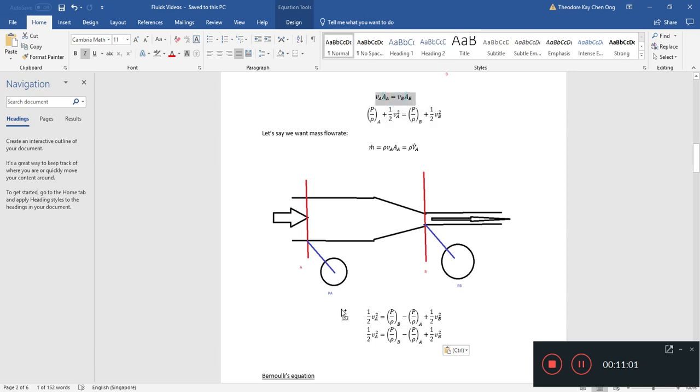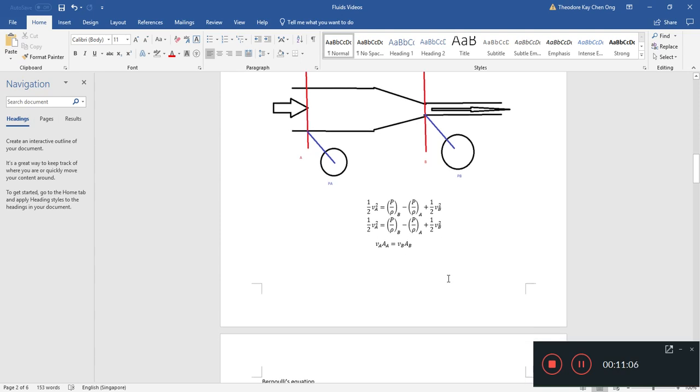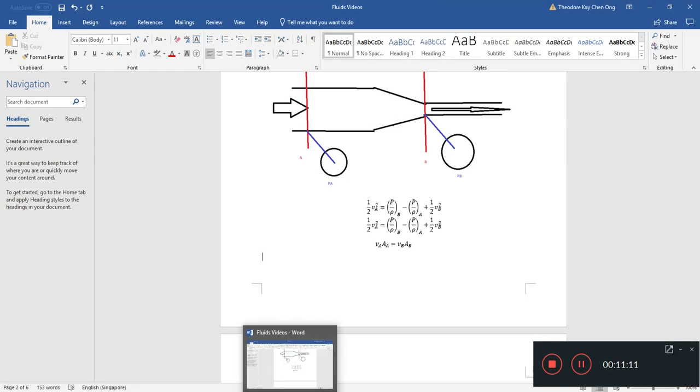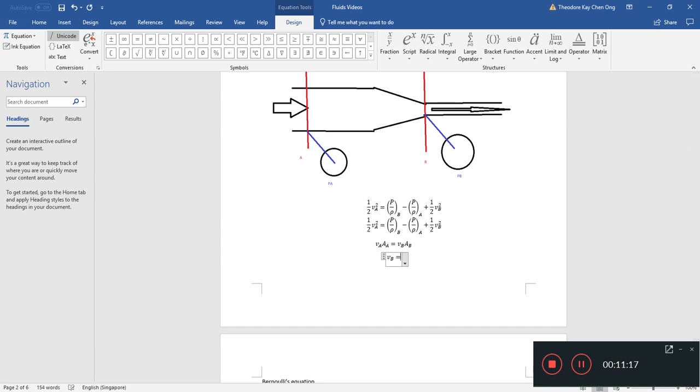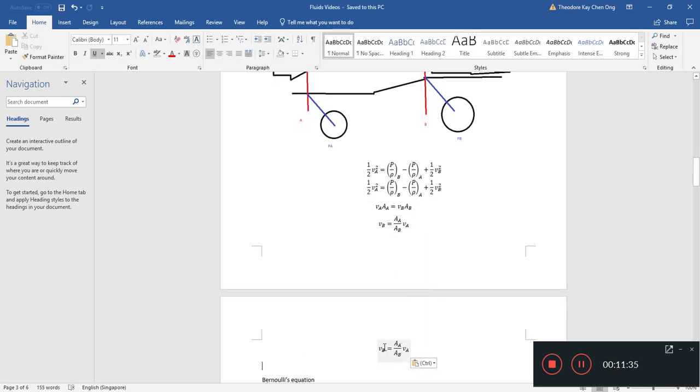So let's make VB in terms of VA. VB equals AA over AB times VA. So if you're going to square it, that's what we're going to get.